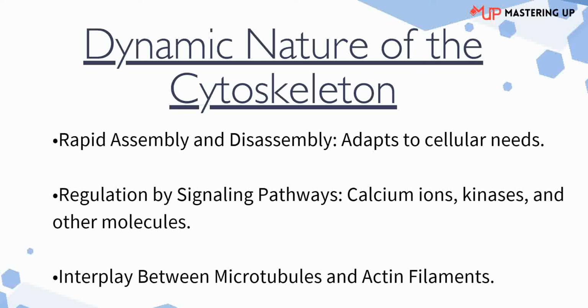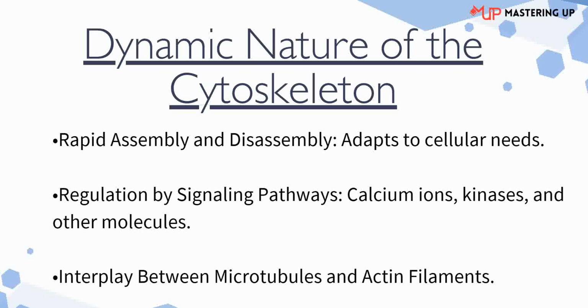Now let us discuss the dynamic nature of the cytoskeleton, which is essential for various cellular processes like movement, division, and maintaining cell shape. So let's break it down. The first is rapid assembly and disassembly, adapting to cellular needs. The cytoskeleton is not a static structure.